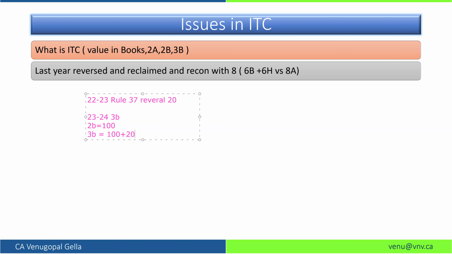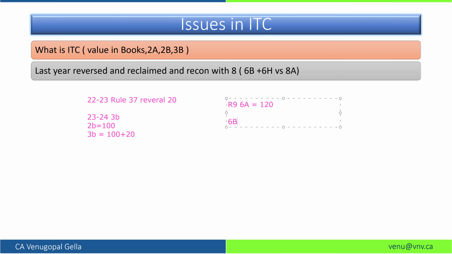Okay. Now, if that is the situation, how are we reporting it in my GSTR 9? In the current year GSTR 9, your 6A, which is auto-populated from 3B, is 120. Your 6B, 6H, 6M, these are the three tables that one has the option to report.